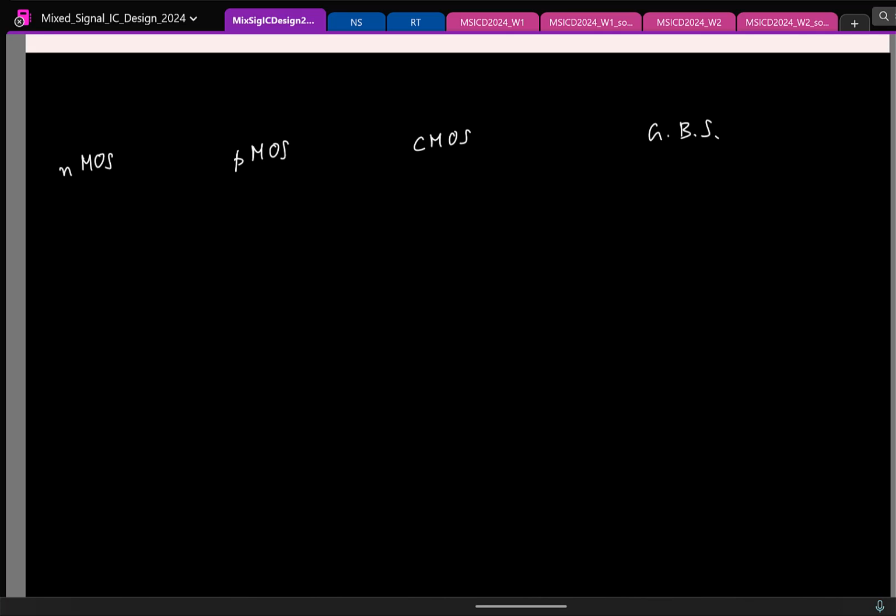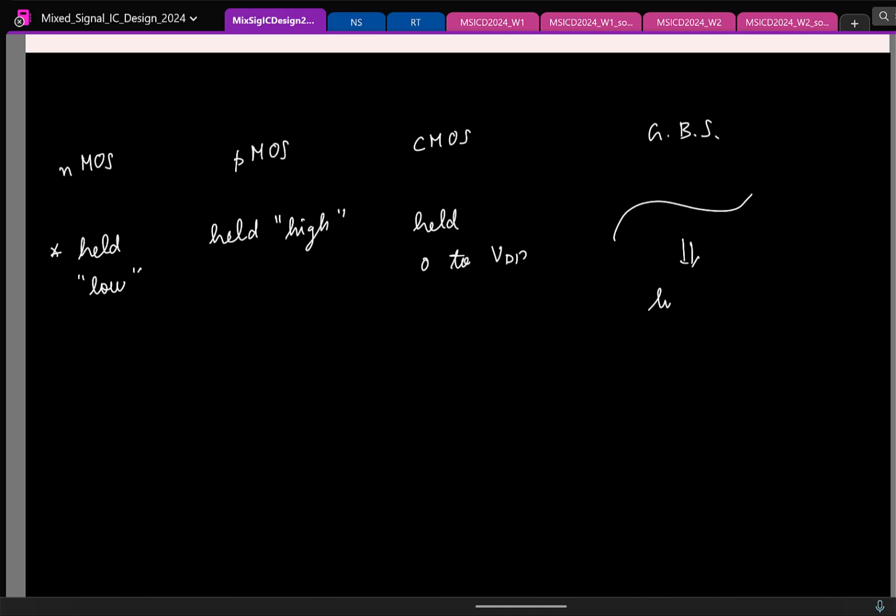I'll call it GBS. So NMOS is an excellent switch for held signals which are low. PMOS, you use it when you are dealing with constant or held signals which are close to the supply. A CMOS switch works nicely for held signals, and it can take any range within 0 to VDD. And the gate bootstrap switch is typically used for sampling time varying signals so that you have very good linearity.